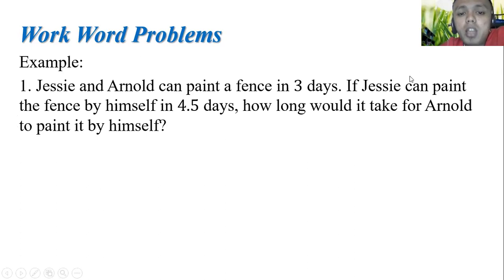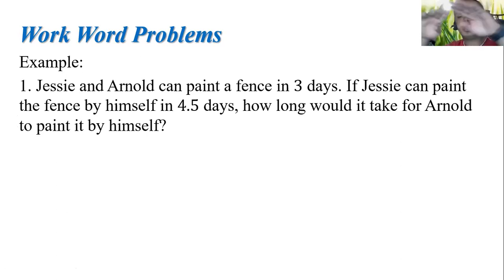Now, let us have an example. Jesse and Arnold can paint a fence in 3 days. If Jesse can paint the fence by himself in 4.5 days, how long would it take for Arnold to paint it by himself? So Jesse and Arnold together can paint a fence. A fence is like a barrier.